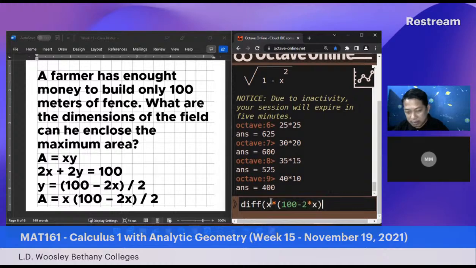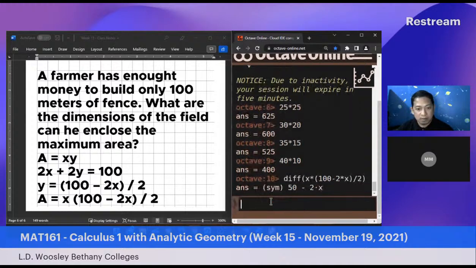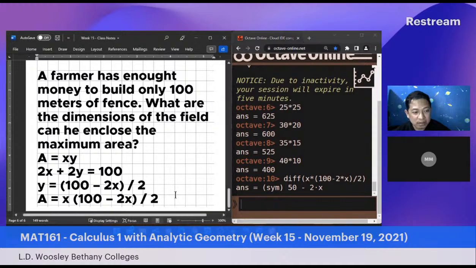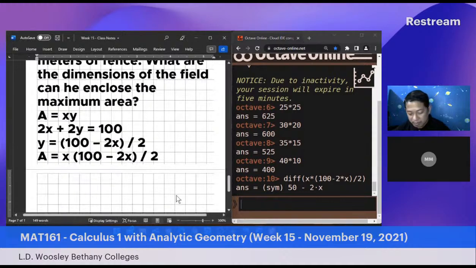Pwede naman kasi multiplication naman, walang problema kahit siya lang i-divide mo sa 2. So x times 100 minus 2x all over 2. Okay, I think okay na ba yun? So 50 minus 2x pa rin ang lumabas. So getting now the derivative of A with respect to x.